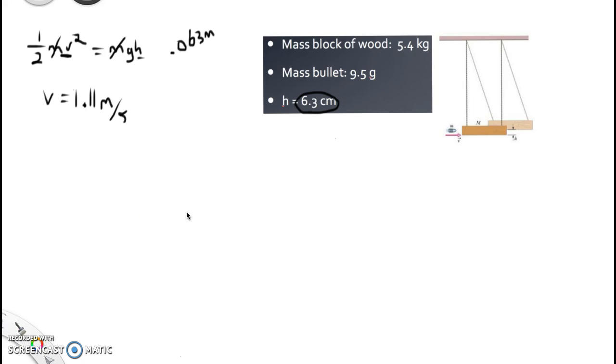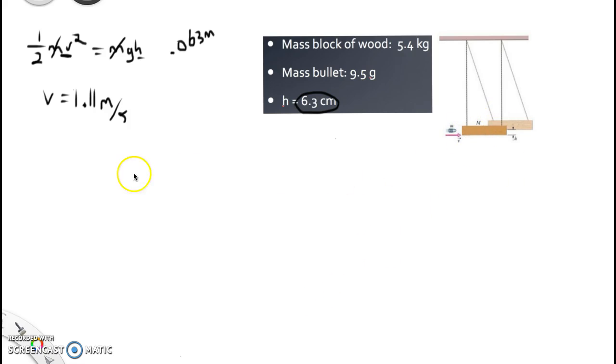We solve this and find that the velocity of the bullet and the block together is about 1.11 meters per second. That's how fast they're moving after the bullet hits the block. The second piece is: how fast was the bullet going before it hit the block? The bullet is flying along, collides and sticks to the block, and we know how fast they travel together.